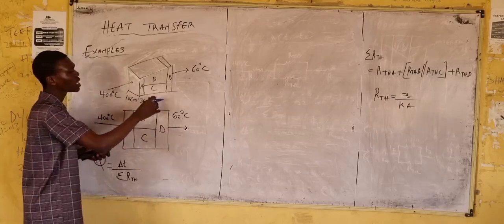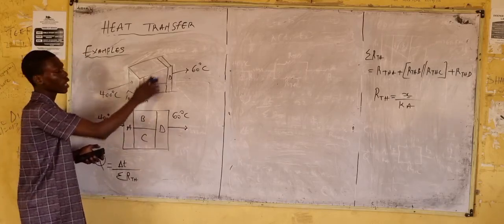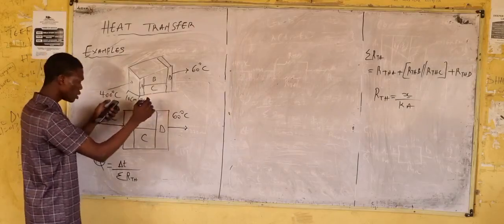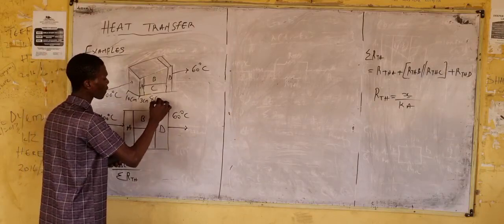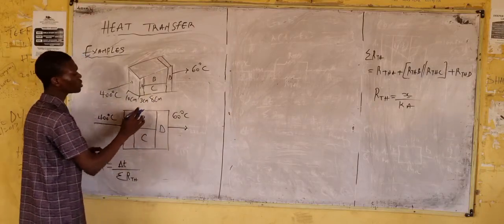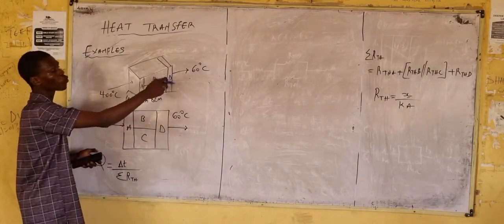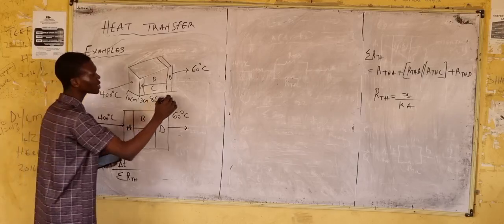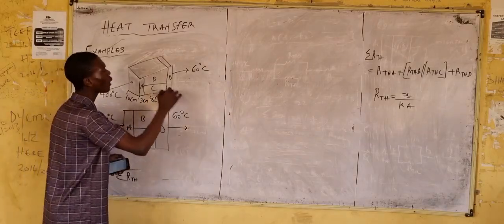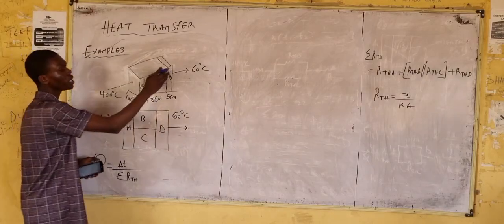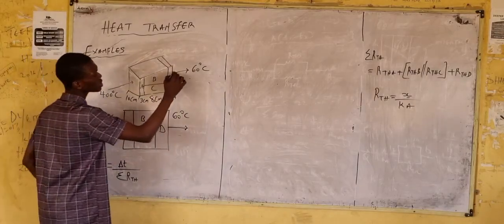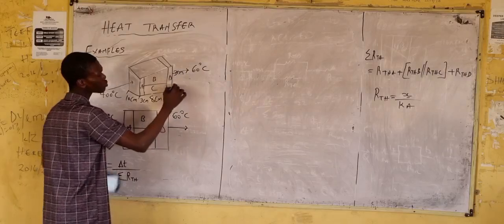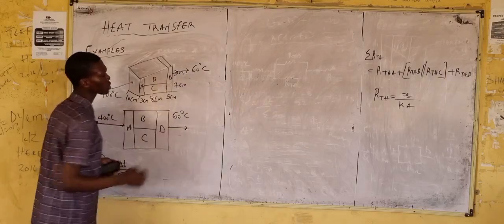We are given the thickness of the layers, walls B and C, to be 8 centimeter. We are also given the thickness of wall D to be 5 centimeter. And we are given B here to be 3 centimeter and here to be 7 centimeter.